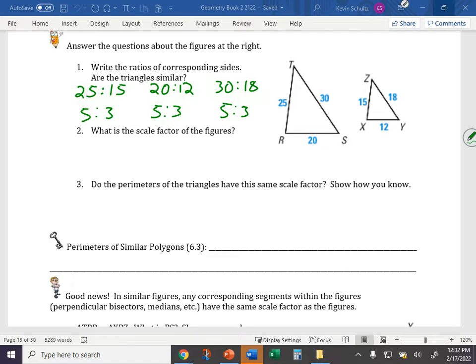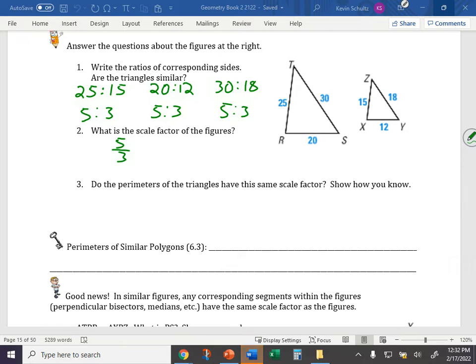Okay. What's the scale factor of the figures? How much bigger is triangle TRS than ZXY? Blake? 5/3. Very good. The scale factor between these triangles is 5/3.